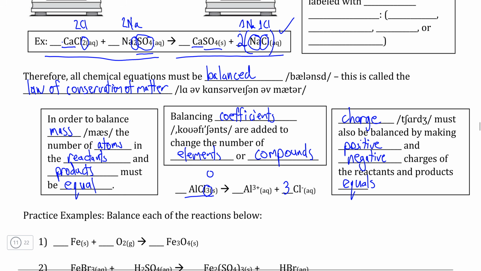And because we only have 1 aluminum ion, that means we have 1 aluminum ion with a charge of positive 3, and 3 chlorine ions, each with a charge of negative 1, and negative 1 times 3 is negative 3. Positive 3 minus 3 is 0, and we can see that the total charge of our reactants and products, as well as the number of individual atoms, is also the same. So we can see that we've balanced both charge and the number of atoms.